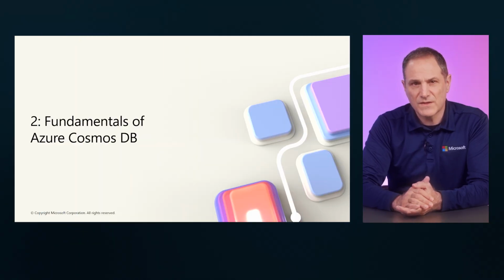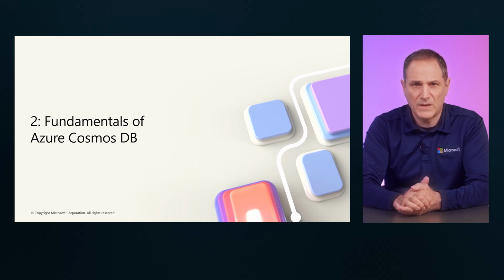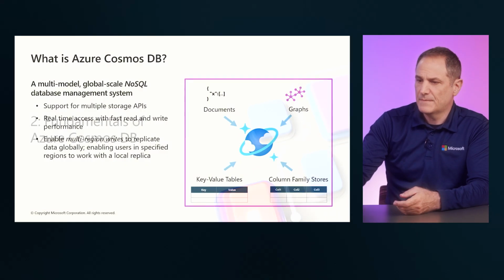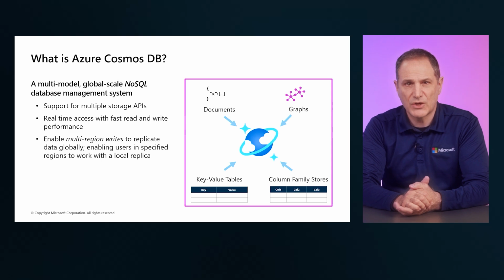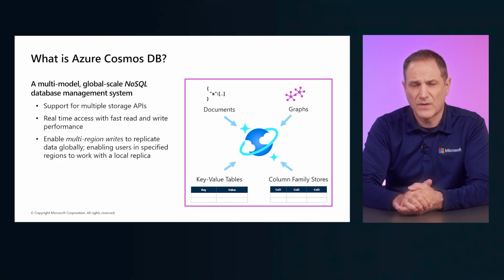This section shifts our attention to a different part of the Azure non-relational landscape. We've covered the storage services themselves, and now we turn to another way Azure handles large, flexible datasets. Question is, what is Azure Cosmos DB? Azure Cosmos DB is a multi-model, global-scale, NoSQL database designed for applications that need fast, reliable access to data across regions.